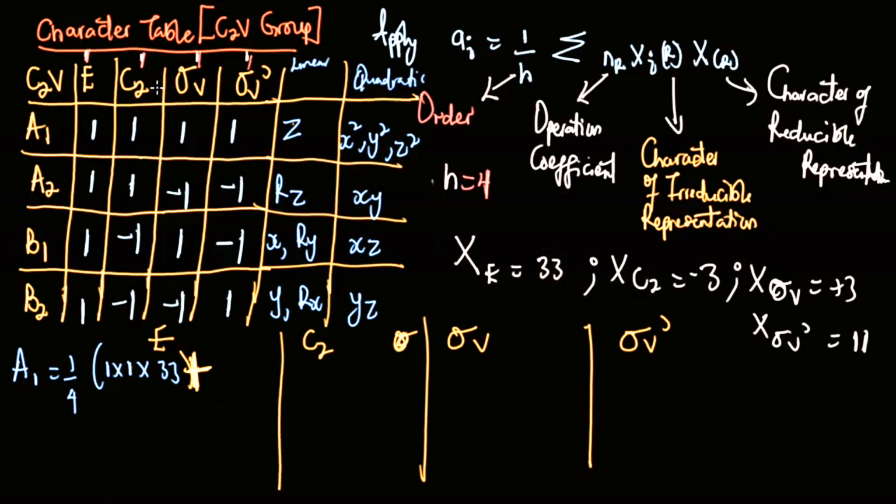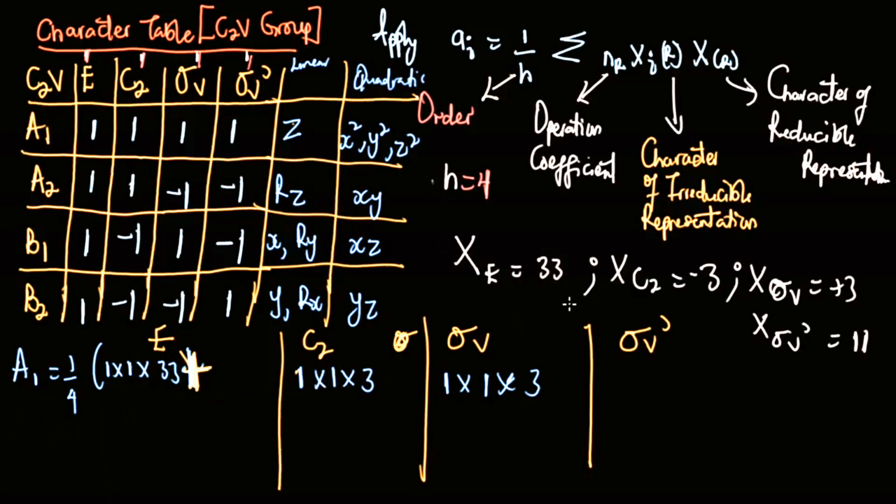The coefficient of C2 is 1. So this is plus, we're adding everything on the row. 1 times the irreducible representation, 1, times the reducible representation, 3. So we have this to be 3. The next one, the coefficient is 1 times 1 times 3.